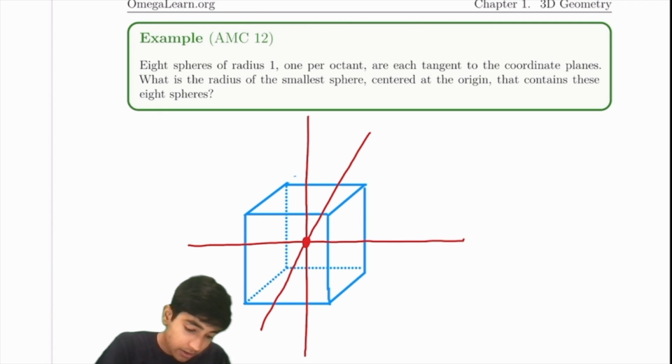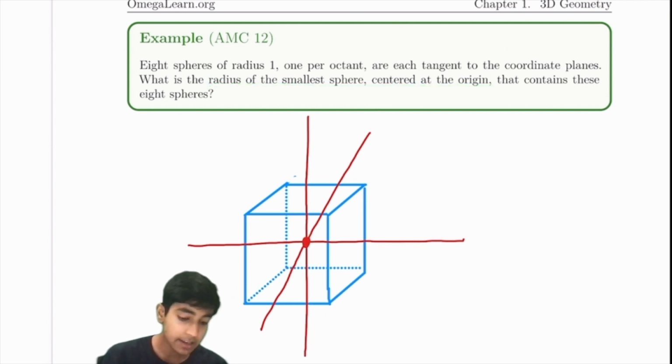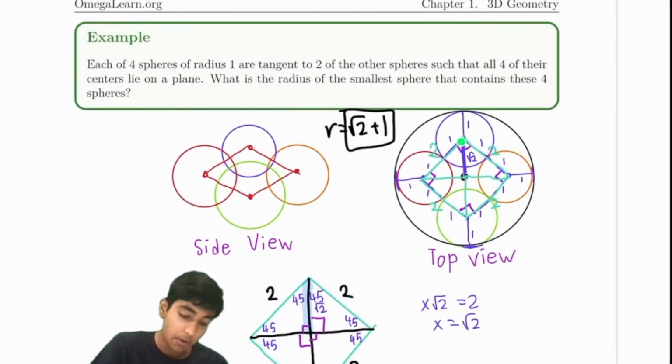So 8 spheres, 1 per octant, and basically we're asked to find the radius of the smallest sphere centered at the origin, which is there, that contains all 8 spheres. Well, notice this is a very similar problem. Over here, we took the 4 spheres to be a square.